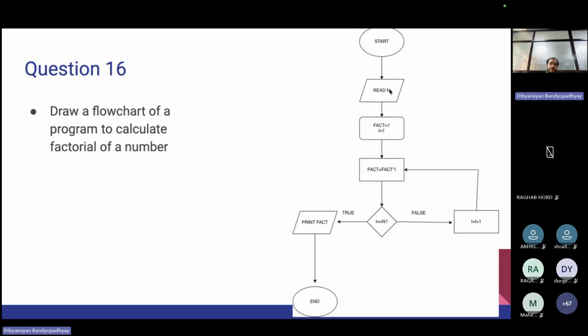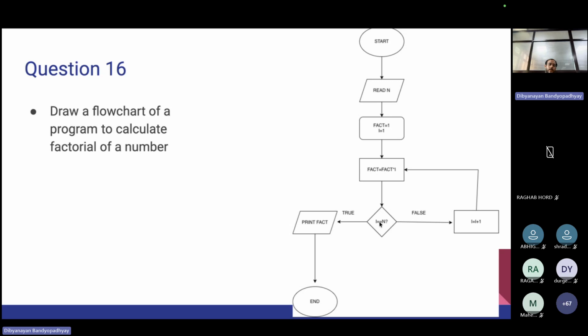So if it is n, then it will be 17. Then it gives you the value of 17 here. And is L equal to n or not? If it is n, then you print the factorial. If it is false, you increment L and you multiply again. So then 17 into 2, then it keeps on happening.